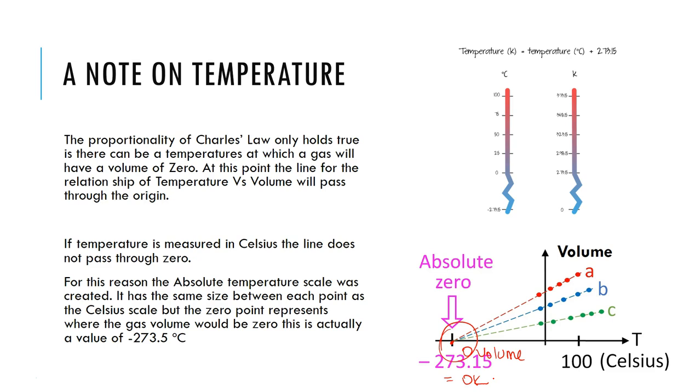So the Kelvin and the Celsius scale have exactly the same size between each degree. So 1 Kelvin is equal to 1 degree C, but they're offset by their start point.